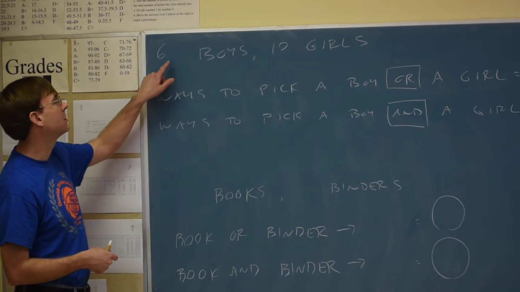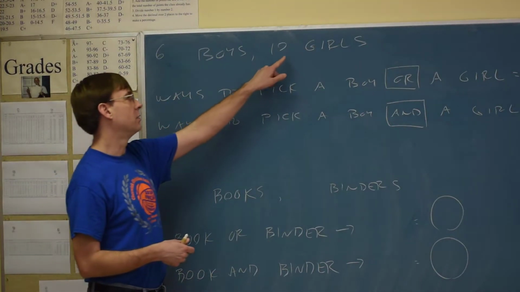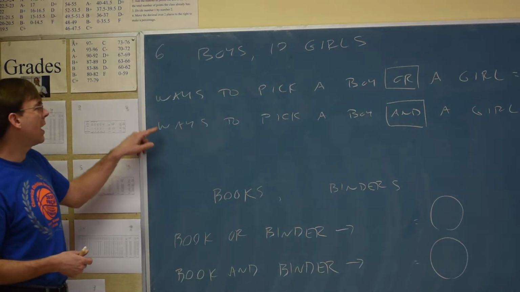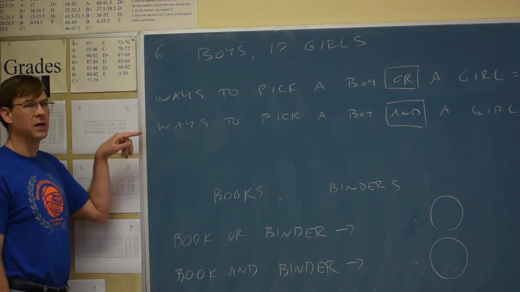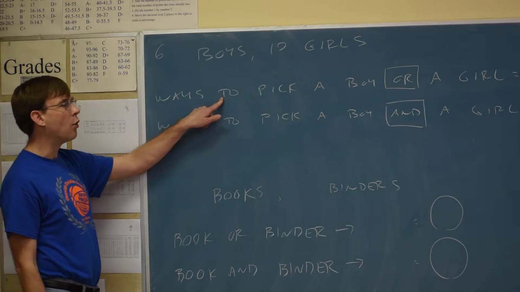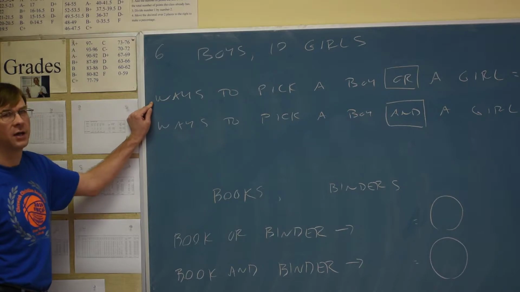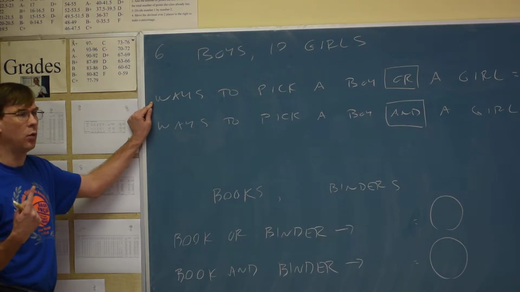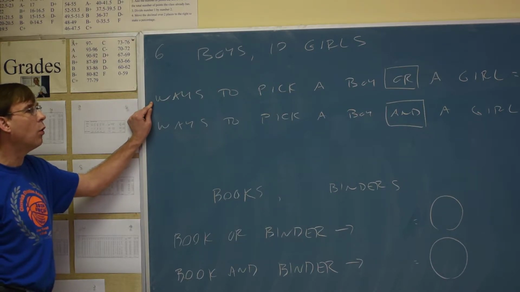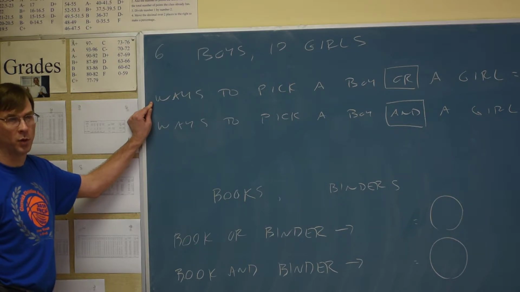So in chemistry there's 6 boys, there's 10 girls, and I would ask you to consider, if my job were to pick a boy or a girl, how many ways would I have to do that choosing? I'm going to pick one person, either a boy or a girl. How many options do I have at my disposal?